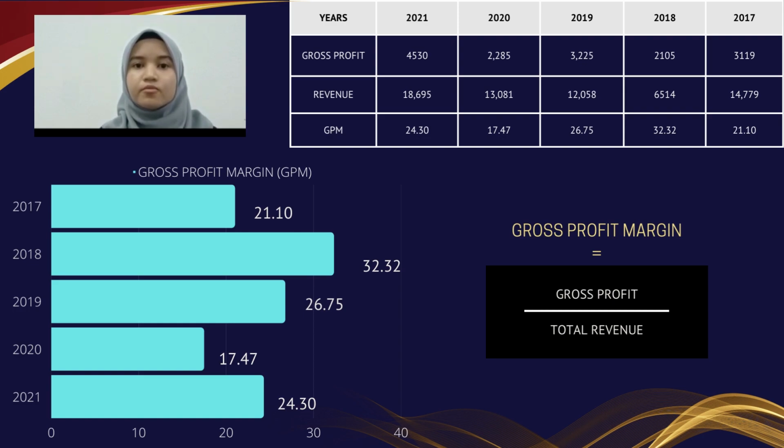After we calculate the formula for the gross profit margin, the gross profit margin shows fluctuating changes over the 5 years of the survey. The highest gross profit margin is in 2018, which is 32.32%. The higher the margin, the more effective the company's management is in generating revenue for each dollar of cost.